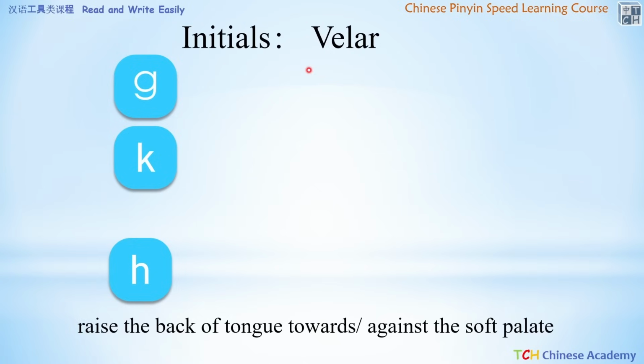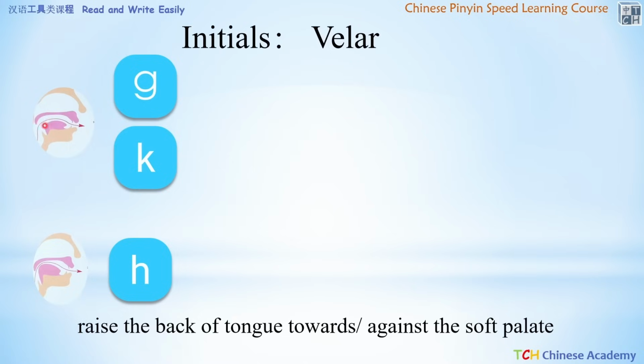Well, let's compare these three velar initials, first in terms of their tongue positions. Both G and K have exactly the same tongue position: raise the back of the tongue towards the soft palate. But when we pronounce H, the tongue position is a little further back, raised towards the back of the soft palate.